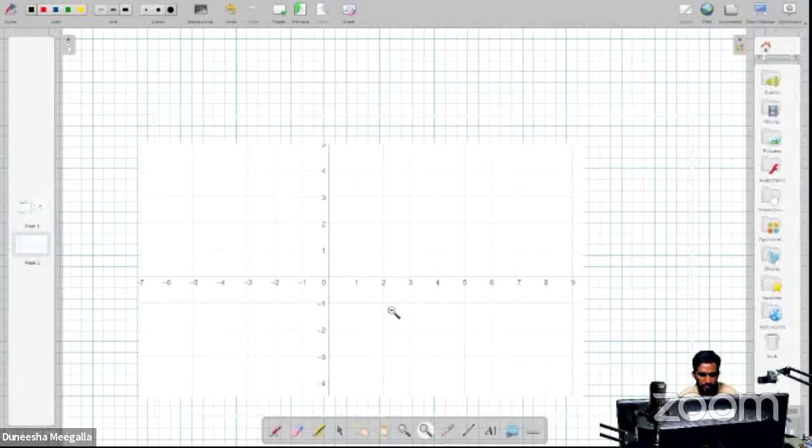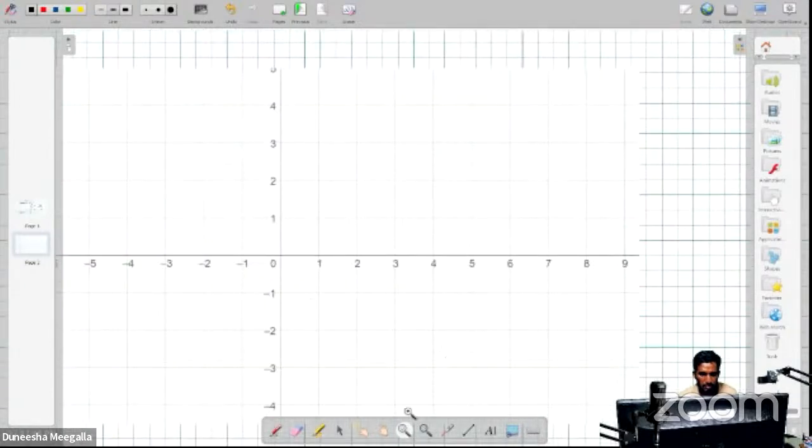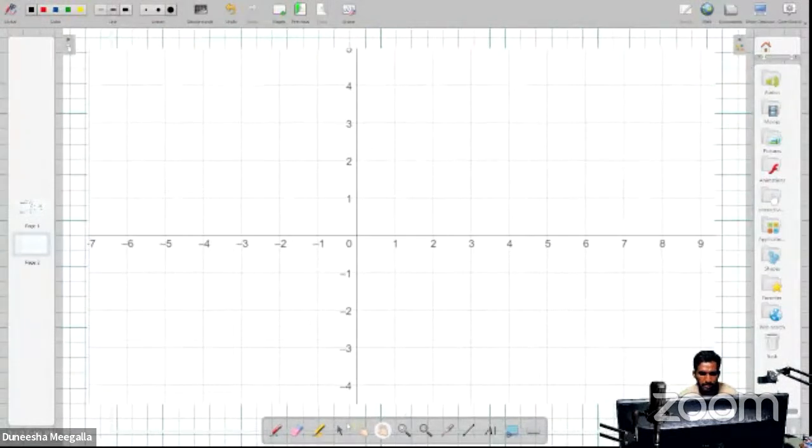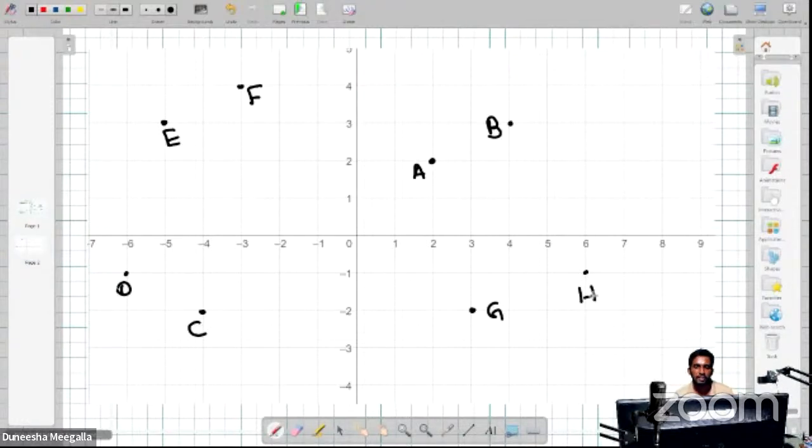Can you see the coordinate system? Can you see? Can you get where the points are in the coordinate system?